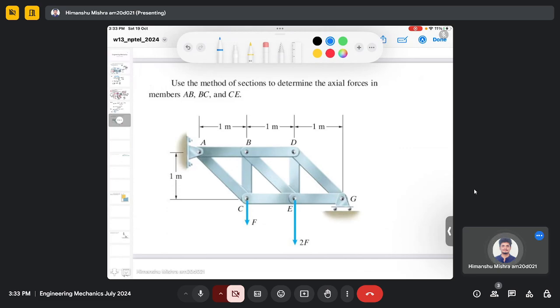So this is the truss problem. Here use the method of sections to determine the axial forces in the members AB, BC and CE.